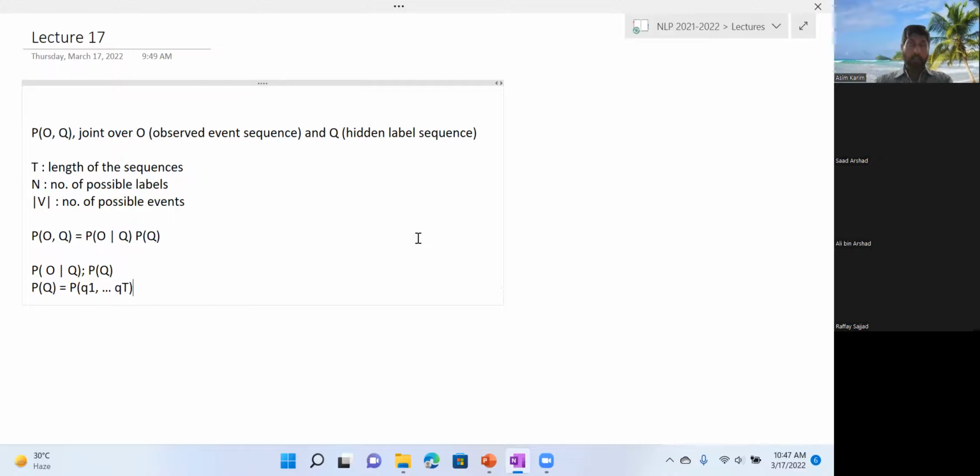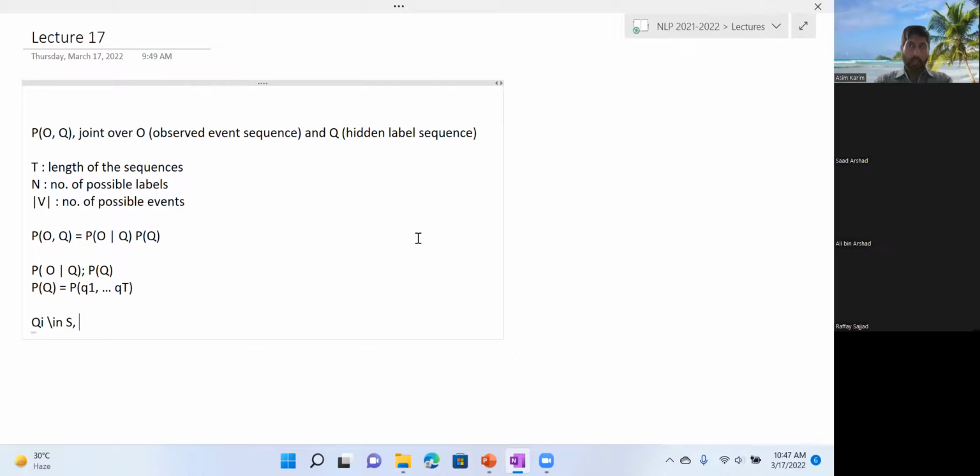So let's say if you wanted to estimate this parameter, how many probabilities would you need to estimate? So this is the full joint from Q1 to QT. What is the possible number of values for any Q? Any Q can take on, as we said before, Qi is in S, right? S is the possible set of labels.